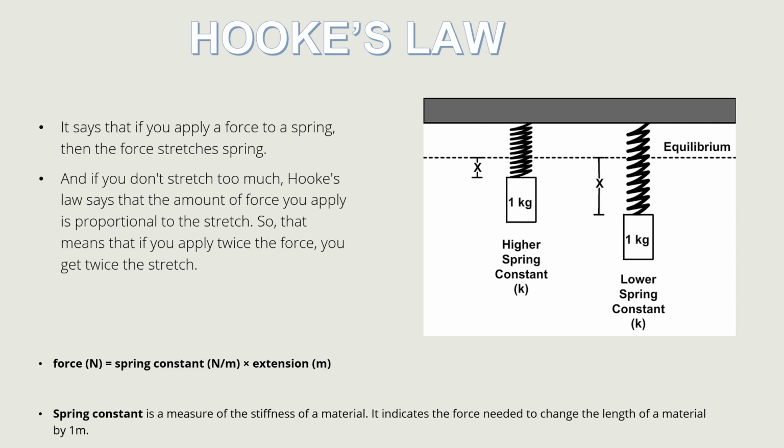Sometimes you will need to calculate the spring constant, then you need to rearrange the formula, which means you need to divide force by extension. Sometimes you will need to calculate extension, then you will need to divide force by spring constant. These are the small tricks that you need to practice, how to rearrange formulas when needed.